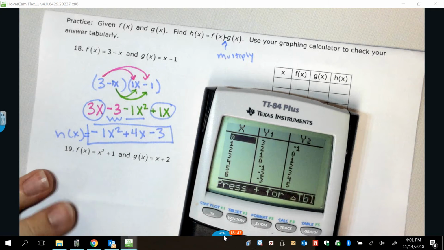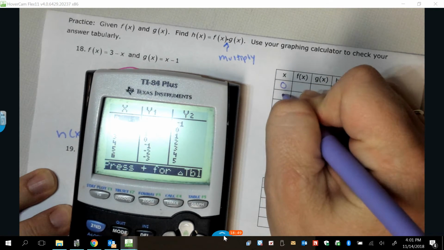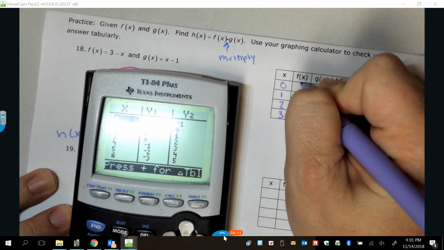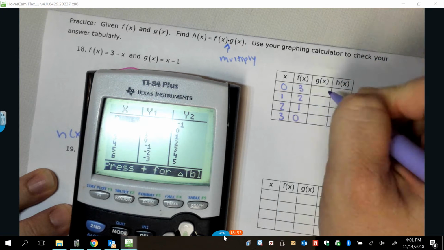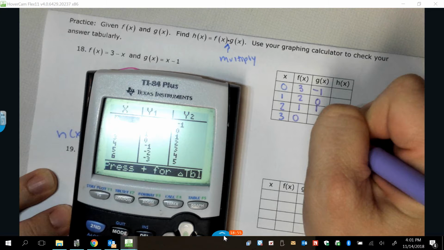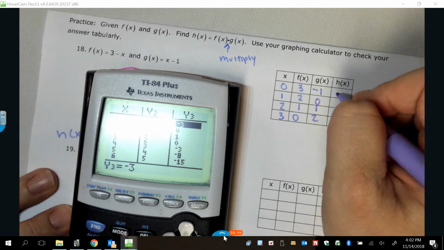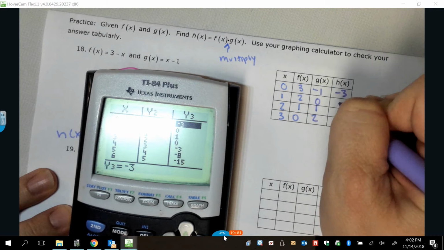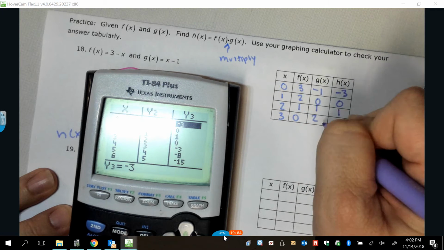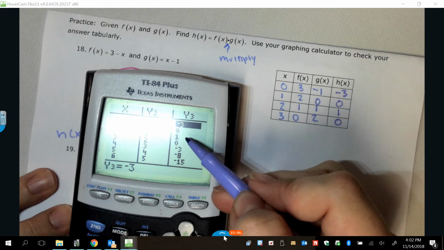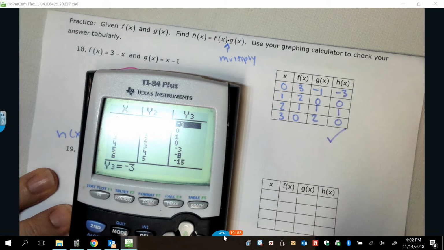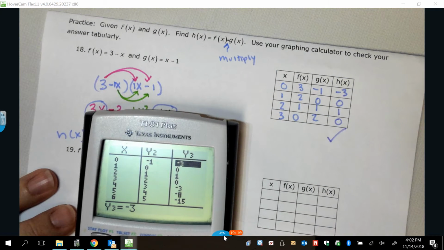I go to my table, 0, 1, 2, 3, 3, 2, 1, 0, negative 1, 0, 1, 2, and I'm going to see if it matches. 3 times negative 1 is negative 3, 2 times 0 is 0, 1 times 1 is 1, 0 times 2 is 0. So let's see, negative 3, 0, 1, 0. It's correct.